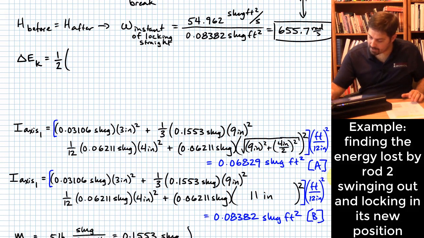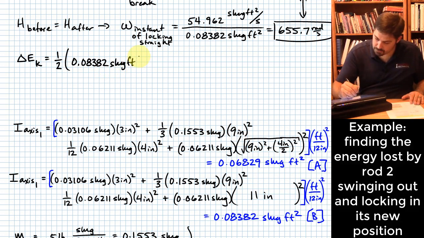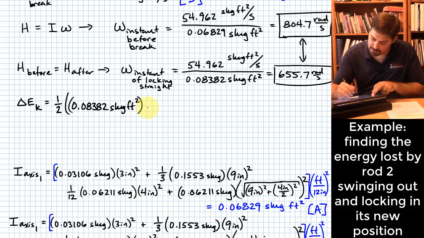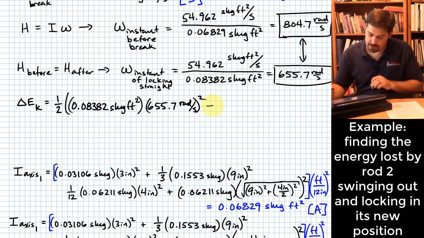So there our I value is 0.08382 slug feet squared. And that's going to be multiplied by the omega that we have at the final, 655.7 radians per second. Minus the initial.